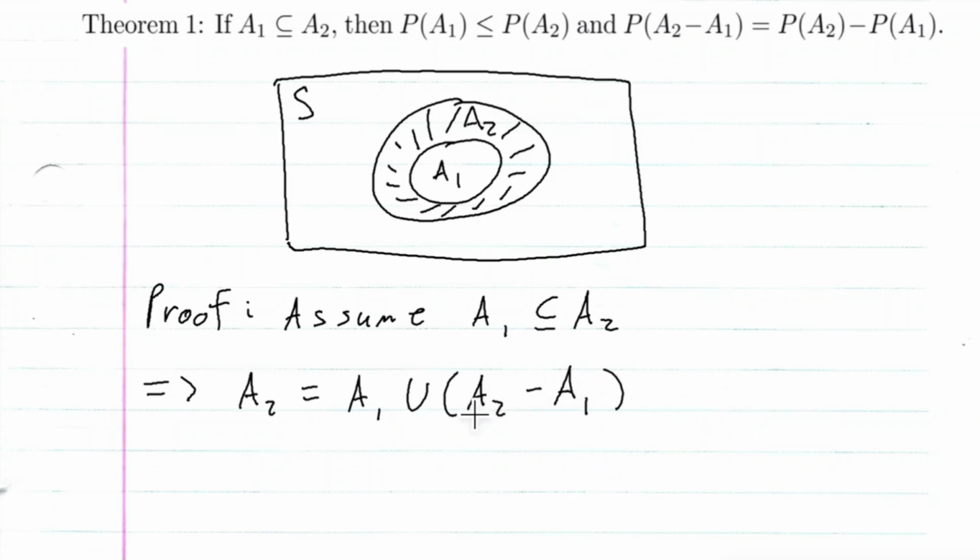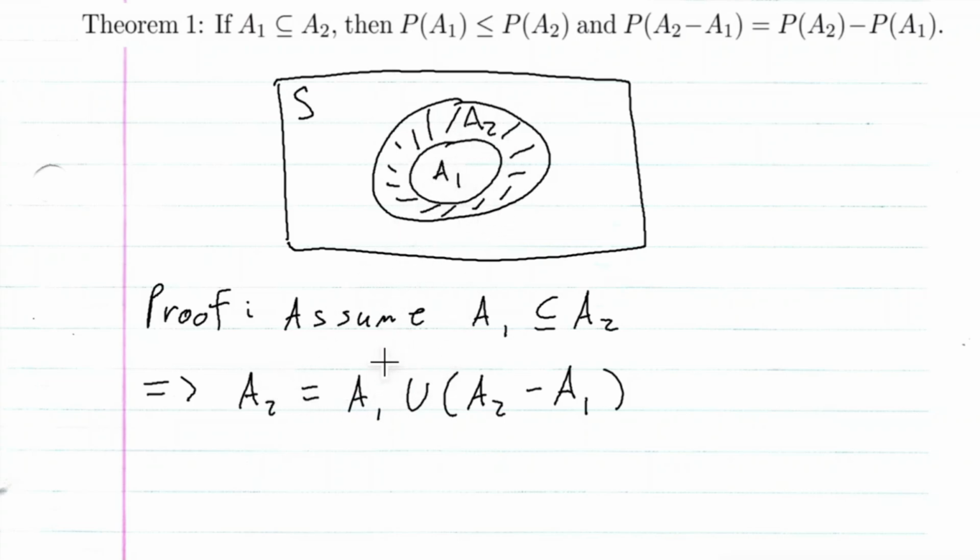Now, look at this. Since A sub 1 is a subset of A sub 2, A sub 2 is equal to A sub 1, which would be this piece, union A sub 2 minus A sub 1, which is the shaded piece. So we can see that from the picture.